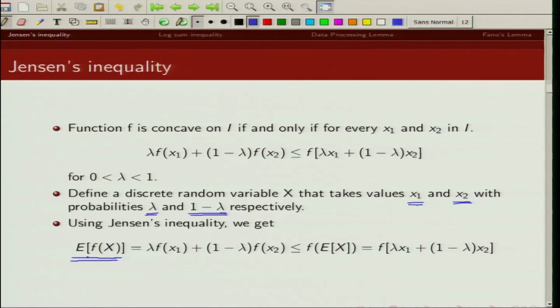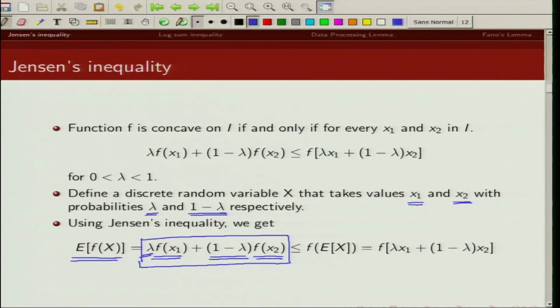So the expected value of the function will be f of x1 multiplied by the probability of occurrence of x1, which is lambda, and f of x2 multiplied by the probability of occurrence of x2, which is 1 minus lambda. So this is the value for the expected value of the function.